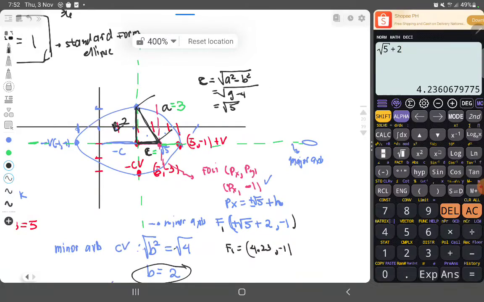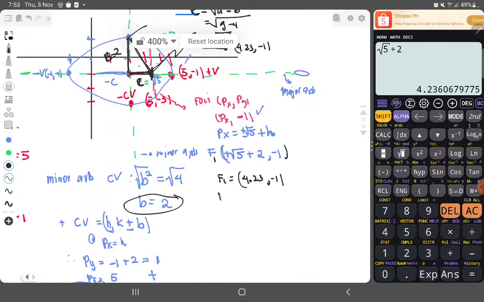So I can locate it here. This is our 5, maybe our focus is here, at 4.23. I will call this point my F1, 4.23, negative 1.